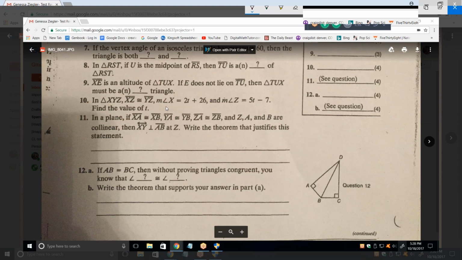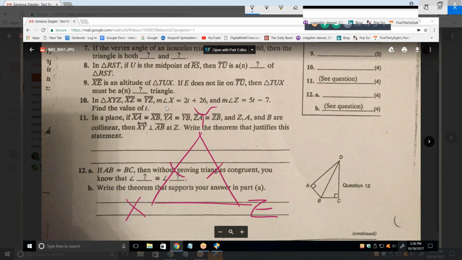Should be relatively straightforward. Let's draw X, Y, Z. They say XY is congruent with YZ.